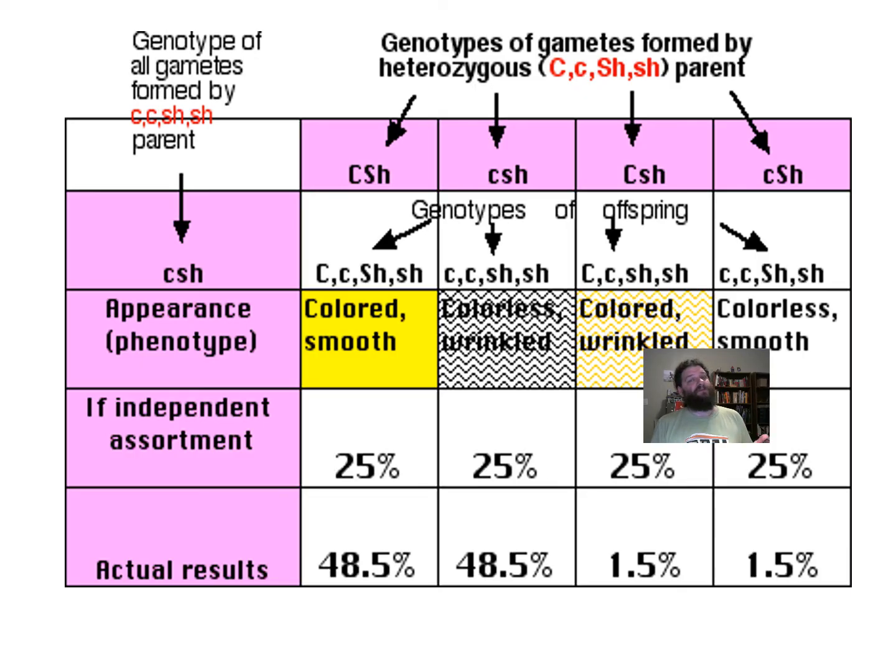Now I have a situation where I have to be able to determine if it is independent assortment or if it's gene linkage that's taking place. And since the amount of crossing over that can confound gene linkage is going to be variable, there's really one set of data that's going to perfectly exemplify independent assortment: quarter, quarter, quarter, quarter, an even ratio of each one of the phenotypes in the test cross.